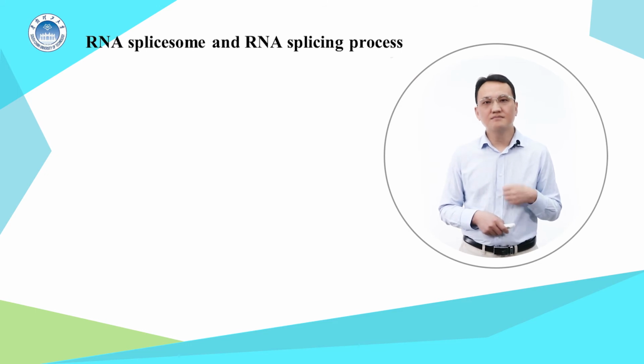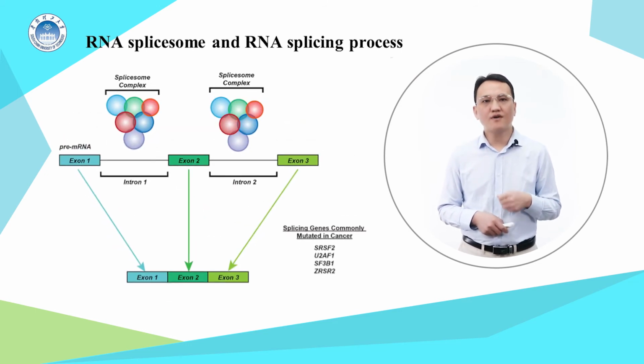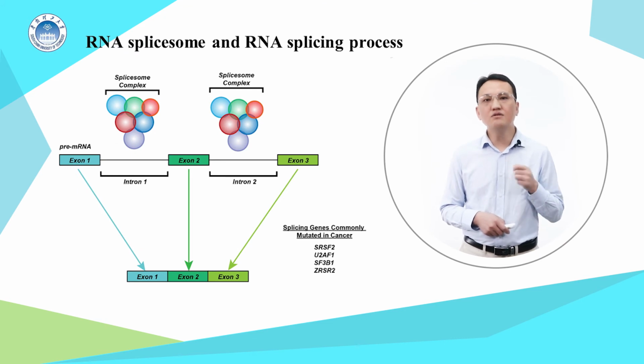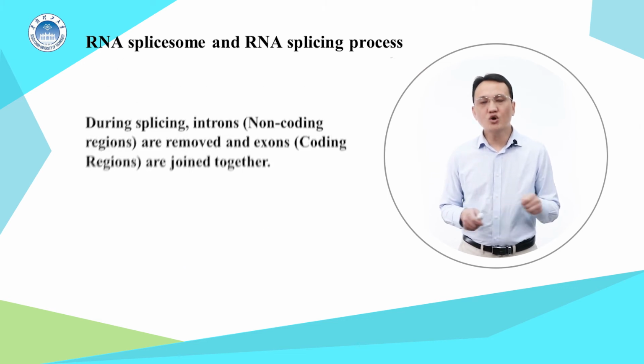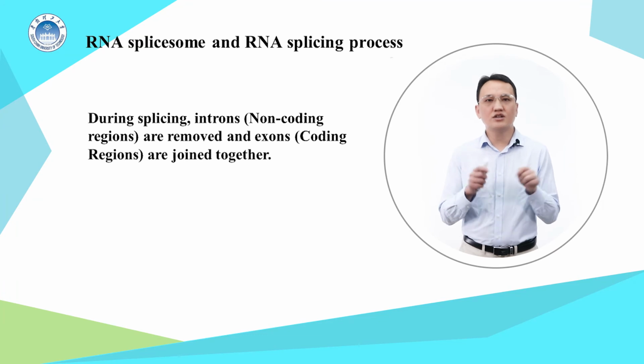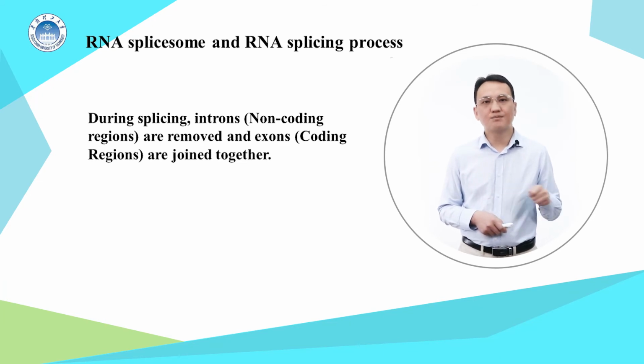RNA splicing in molecular biology is a form of RNA processing in which a newly made precursor messenger RNA transcript is transformed into mature messenger RNA, called mRNA. During the splicing process, the introns, which are non-coding regions, are removed and the exons are joined together. Splicing is carried out in a series of reactions which are catalyzed by the spliceosome, a complex of small nuclear ribonucleoproteins.